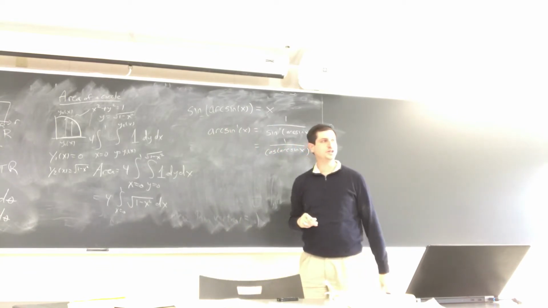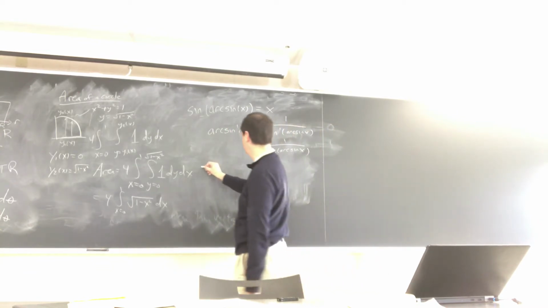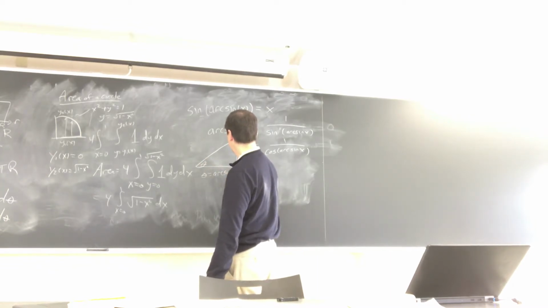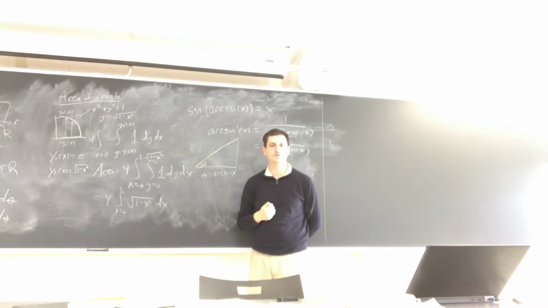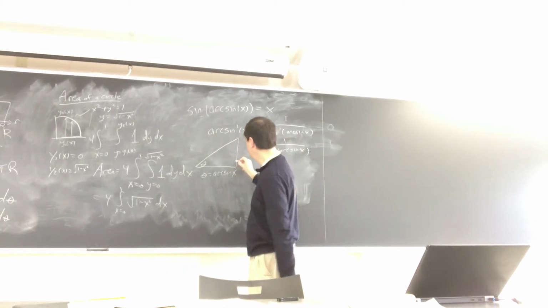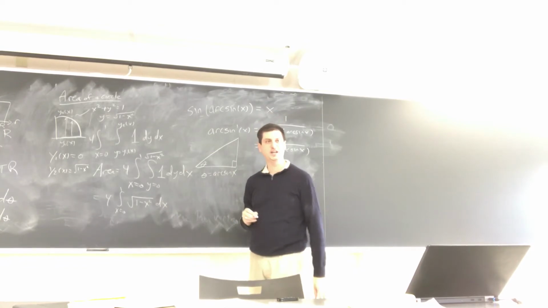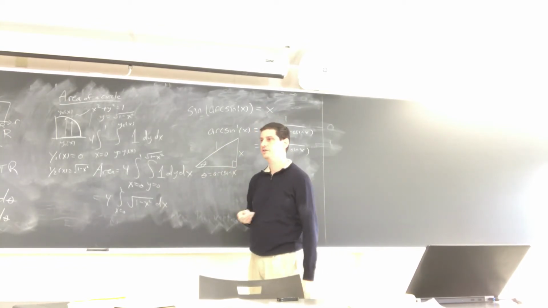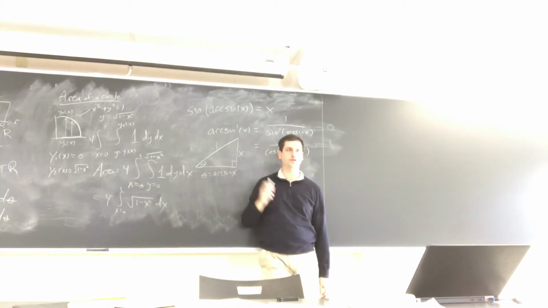Now we just have to figure out what is the cosine of arcsine. So I draw my triangle. Here's my angle theta. Let's let theta be arcsine of x. So I need to draw a right triangle whose angle theta has a sine of x. Well, if I make the hypotenuse 1 and this x, the sine of that is going to just be x.